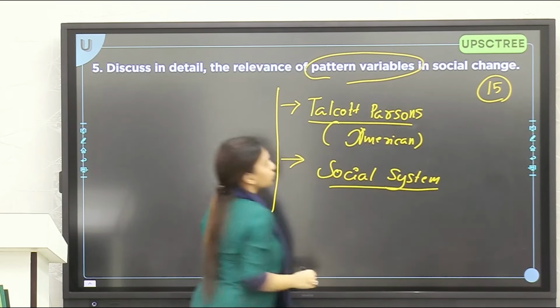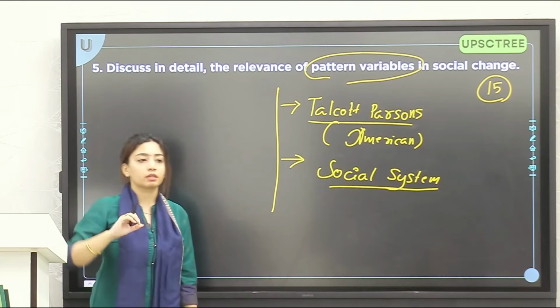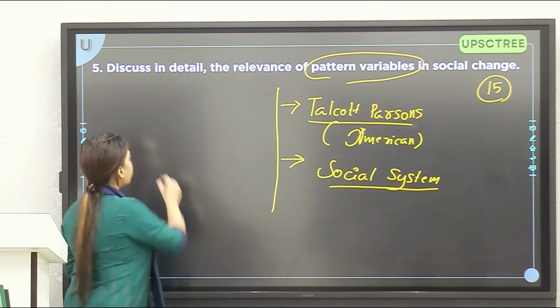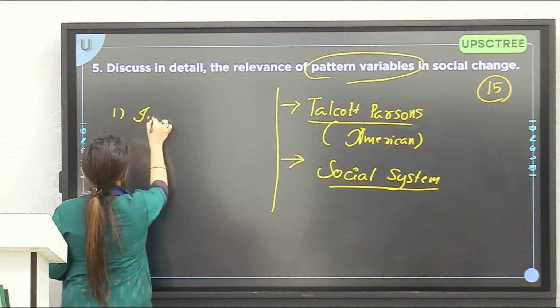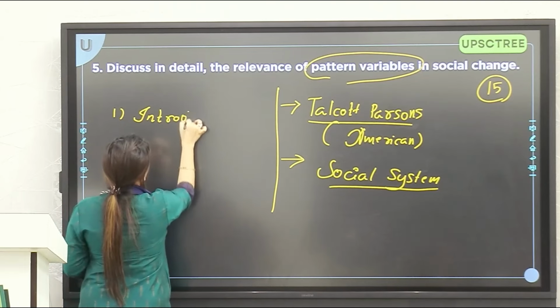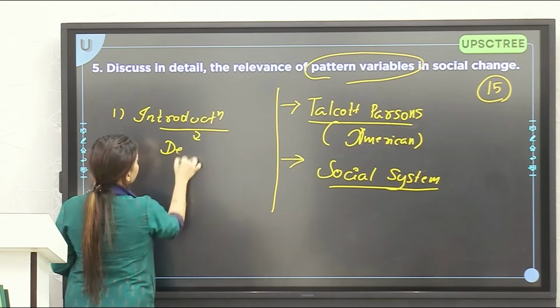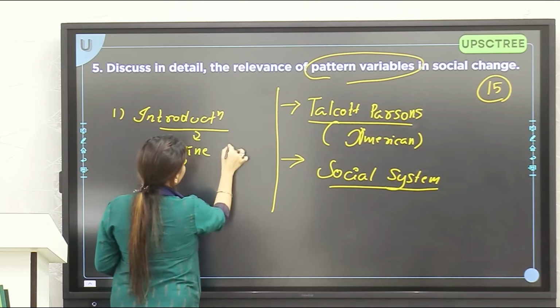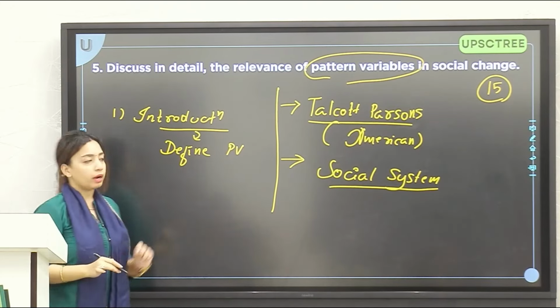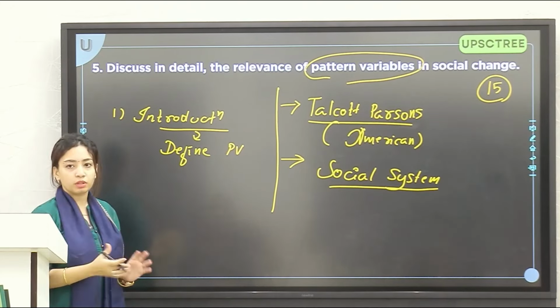Here you can briefly discuss in the introduction part. First you will give the introduction, right? Here you can define pattern variables, and you can discuss briefly from which theory it has come.